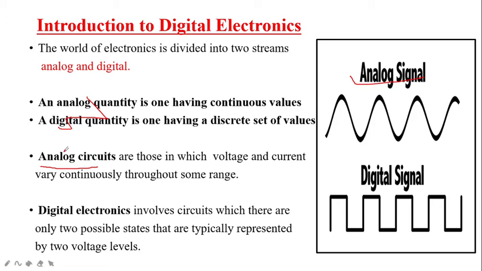So in an analog electronic circuit, the voltage and the current vary continuously throughout some specified ranges. Now what about digital circuits? Digital circuits have only two possible states that are typically represented by two voltage levels. We shall discuss this in detail in the next slides.